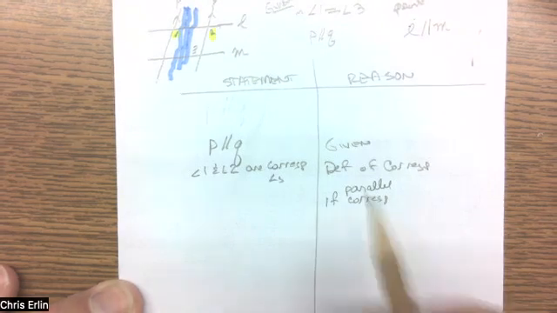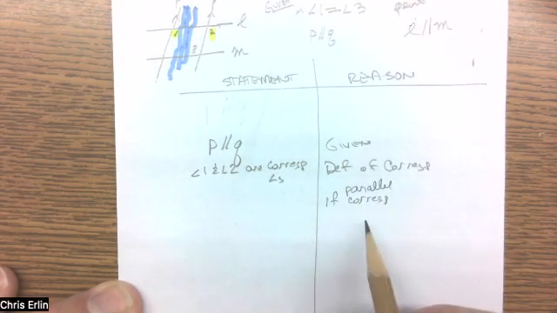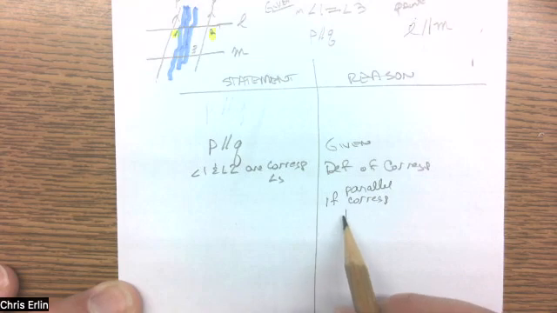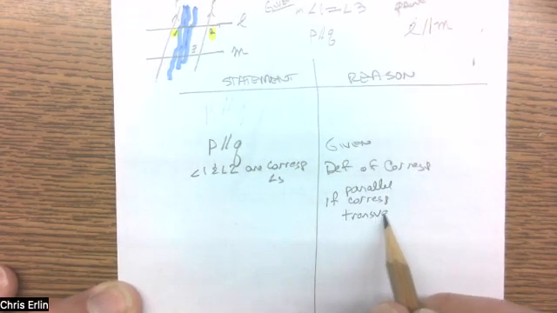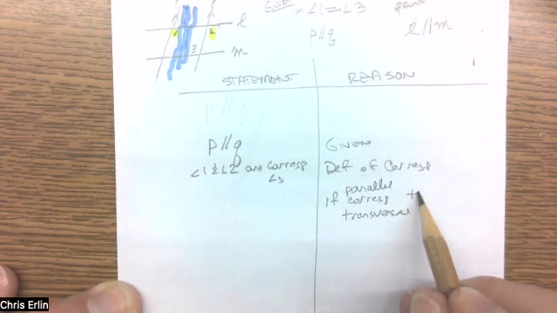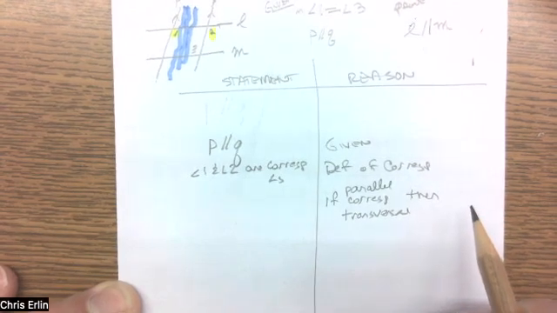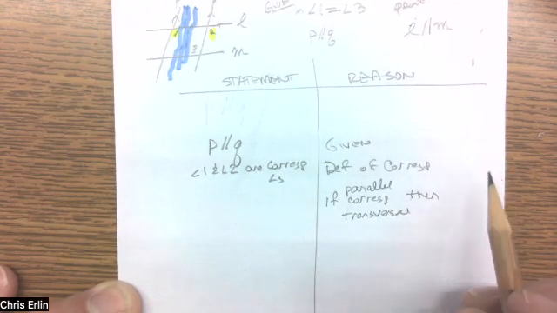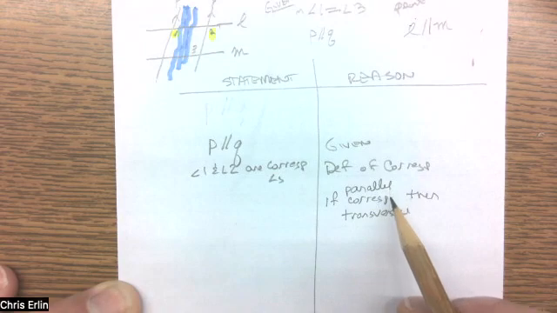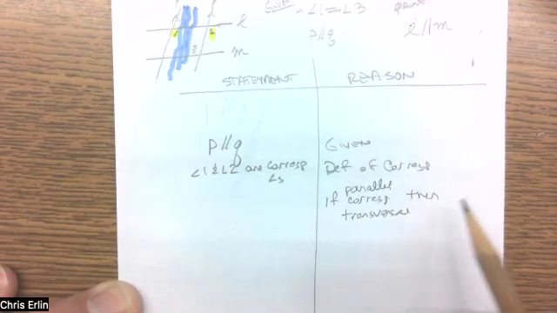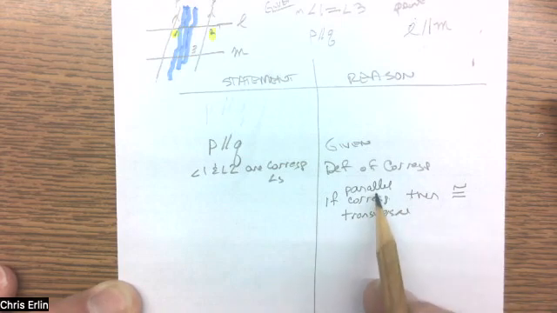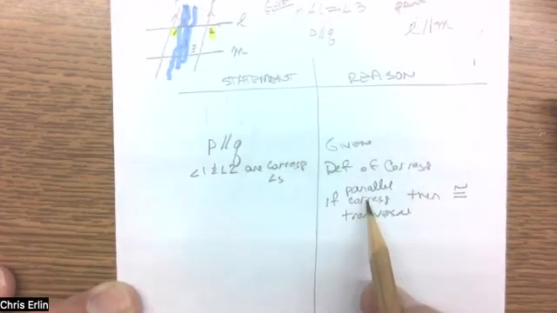Parallel, corresponding, and what's the third thing? Transversal. Then what? Then the angles are congruent. Good. So our hypothesis is these 3 parts.